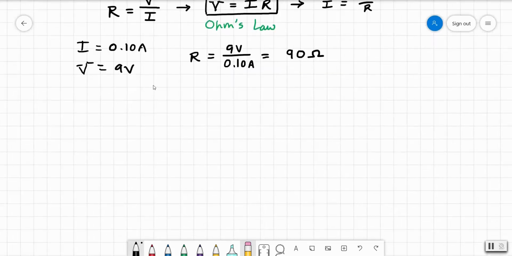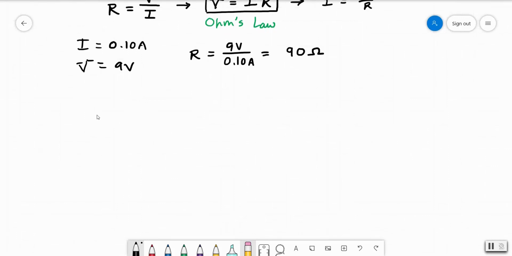Okay, so now we understand some very important features of circuits. Ohm's law tells us that the voltage is the sort of energy that's applied to, it's not the energy, but it's related to the energy that is supplied to our circuit that allows the circuit to push charges through.